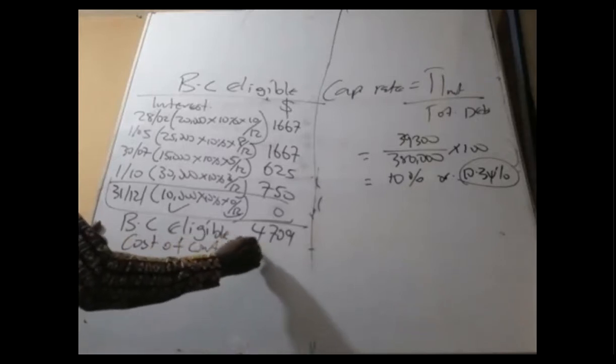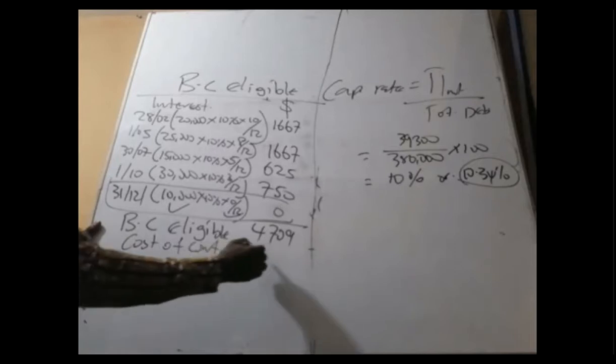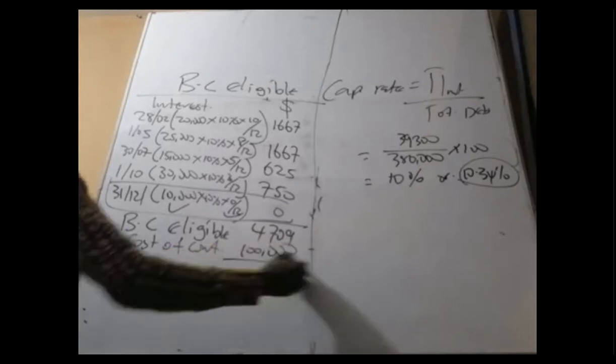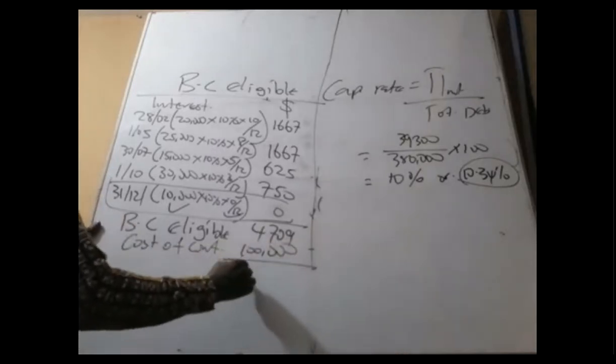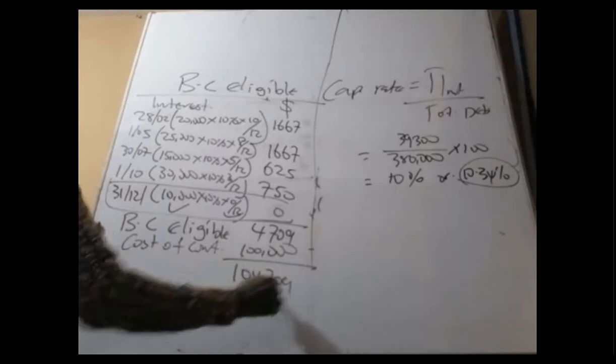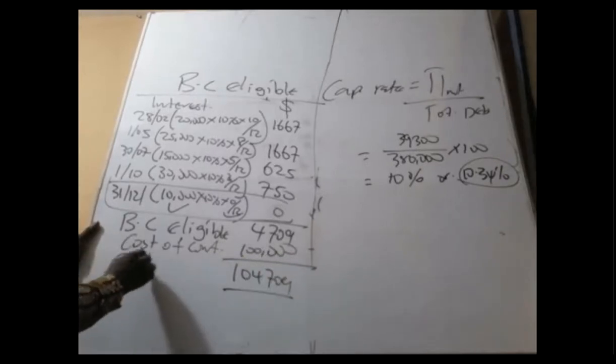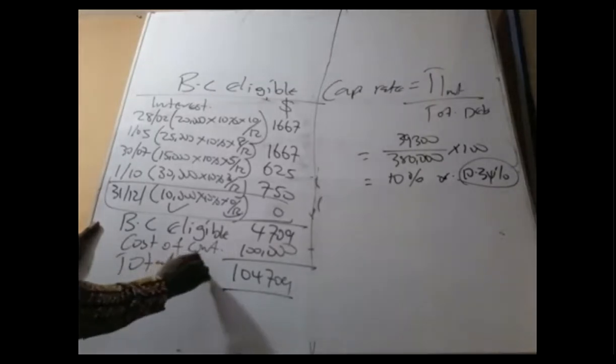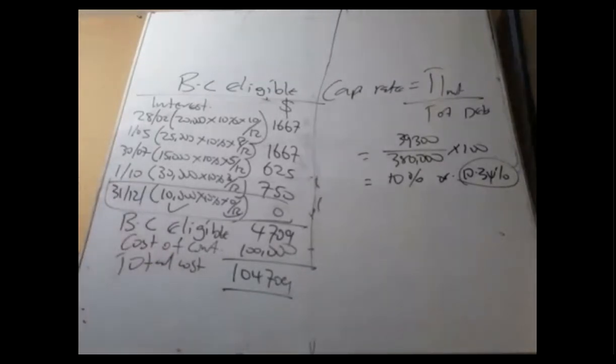That would be 100,000, right? Putting everything together, I get 104,709 to be the total cost involved. So basically, that is what we are looking for.